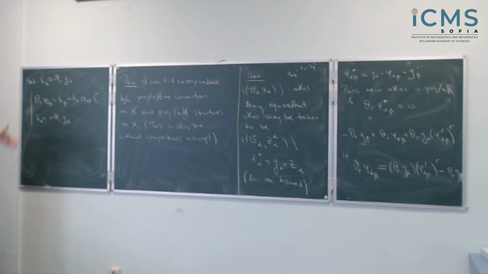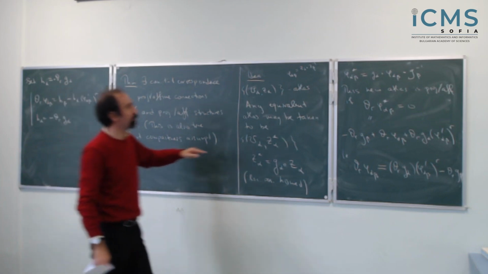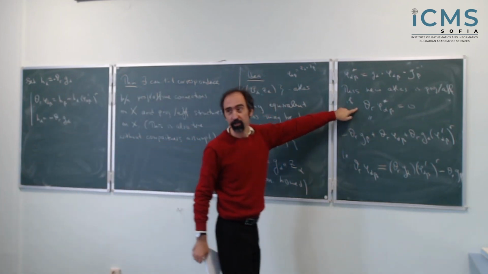The statement is about an existence of canonical one-to-one correspondence. Right? So if we start with any atlas and want to find the G's, that would make this expression 0.